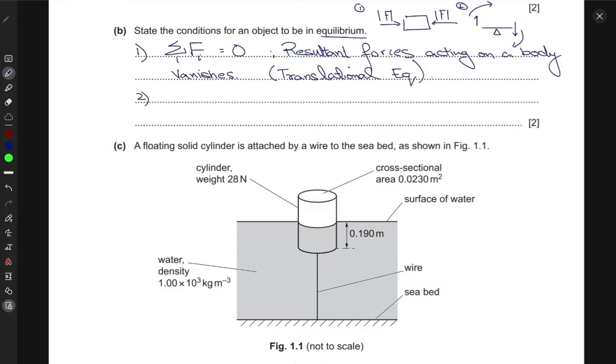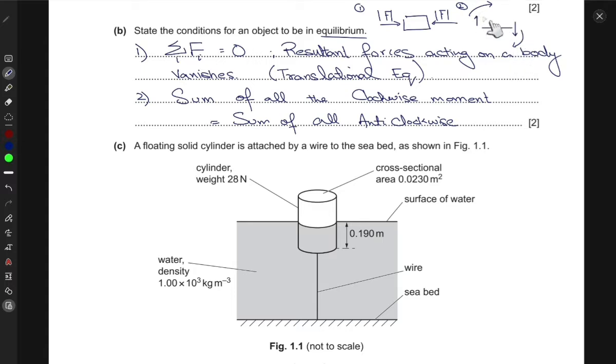Now, the next one is rotational equilibrium, and for rotational equilibrium to be maintained, the sum of all the clockwise moments should be balanced by the sum of all anti-clockwise moments. Now, moments is just a physical way of quantifying the turning effect that was happening in this figure too, right?